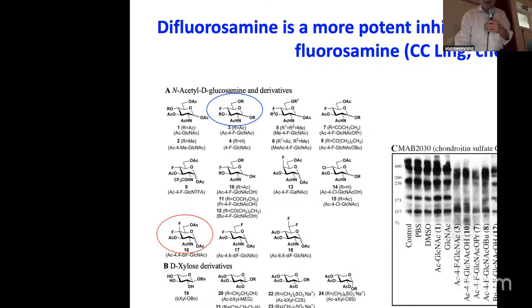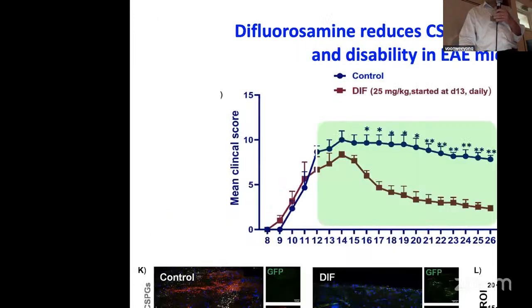And this compound in red is very, very effective in reducing the synthesis of CSPGs, in this case, in our bioassay of cells making CSPGs in culture. So we have now difluorosamine, 2 fluoro, and this is what happens when you treat EAE animals with difluorosamine.